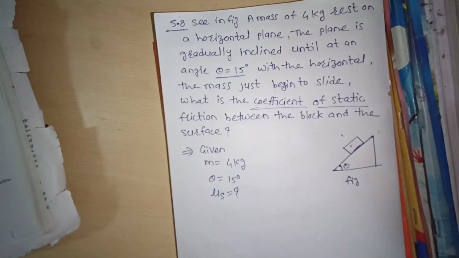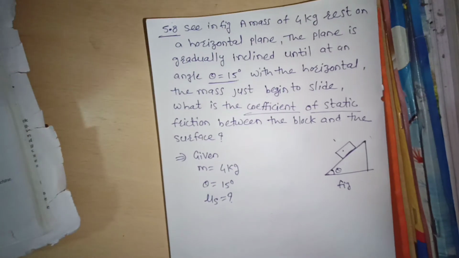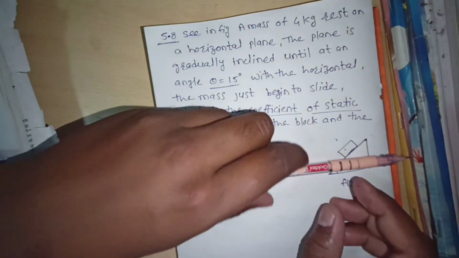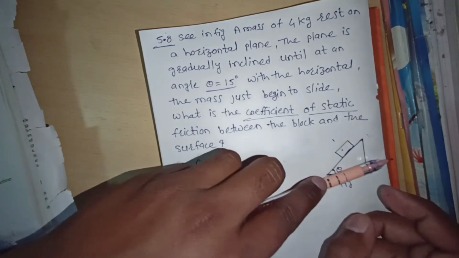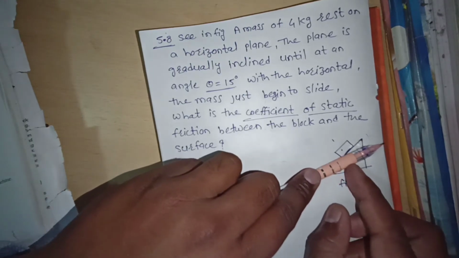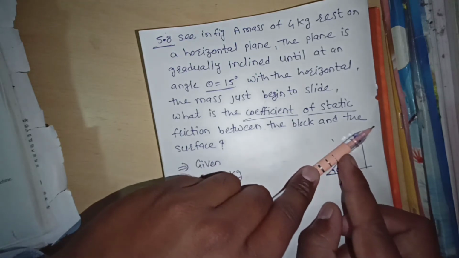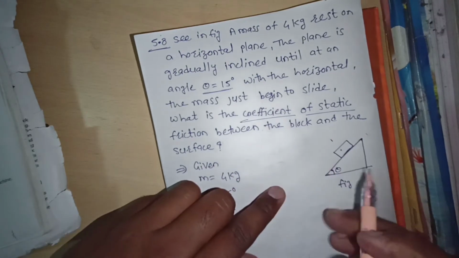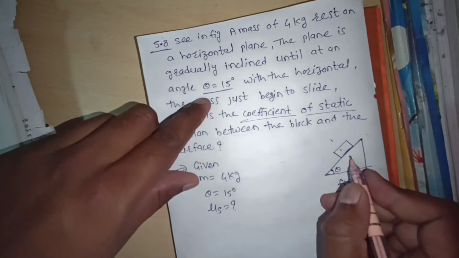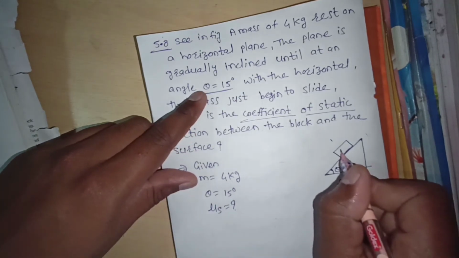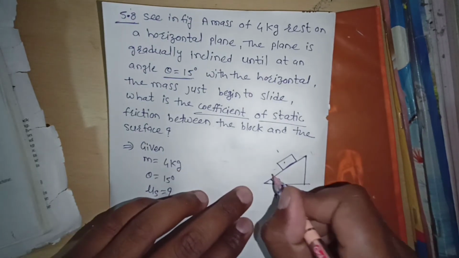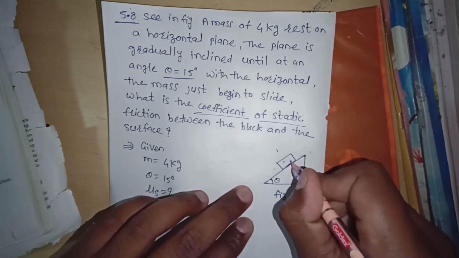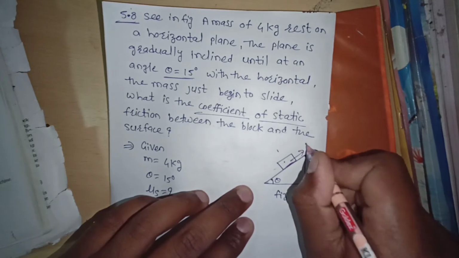Now we have to see, when the object is put on the plane and the plane gradually increases with the angle theta, when theta reaches 15 degrees, the block starts to move in a downward direction. When the block moves downward, the direction of static friction is upward.